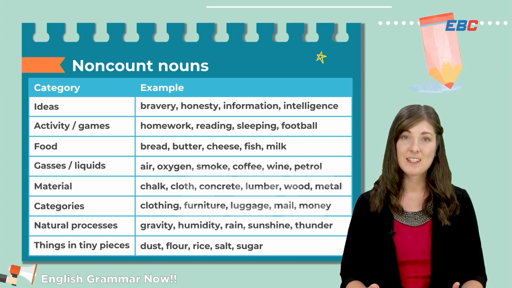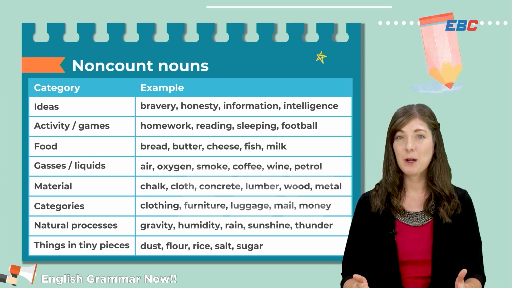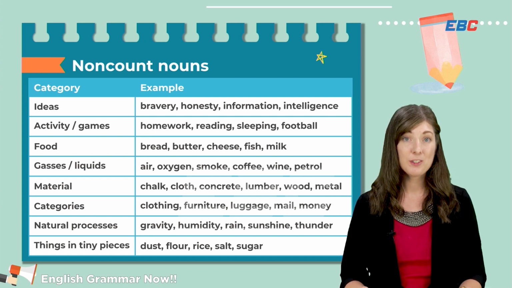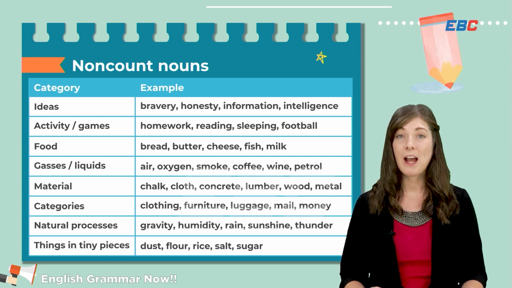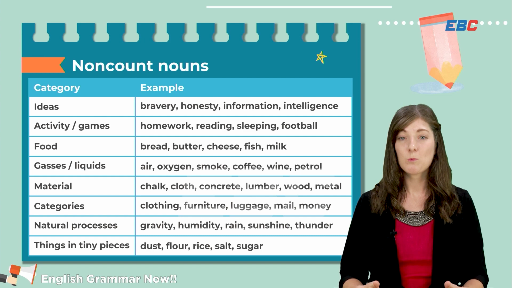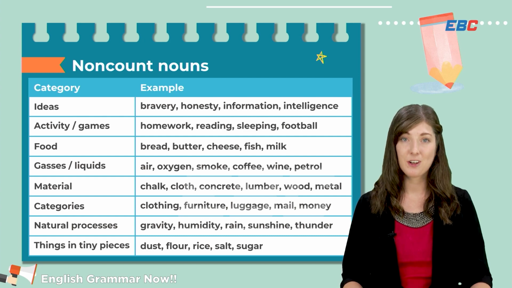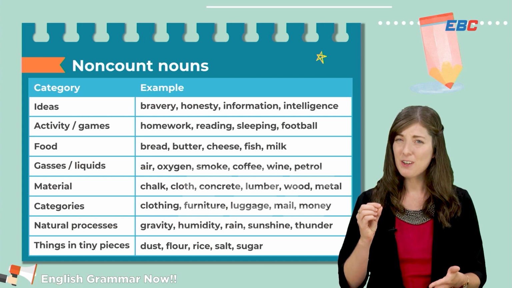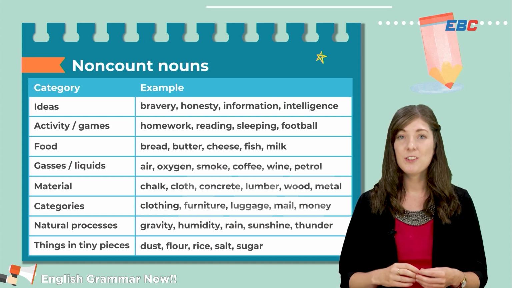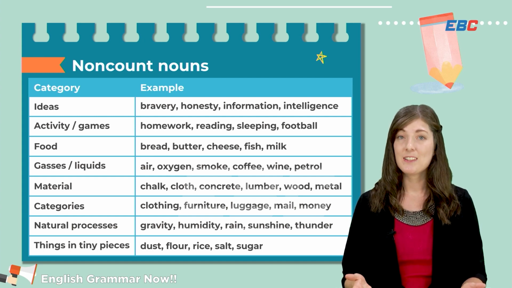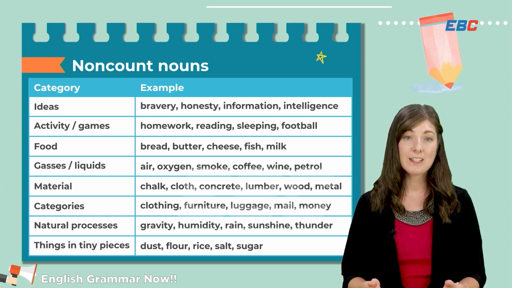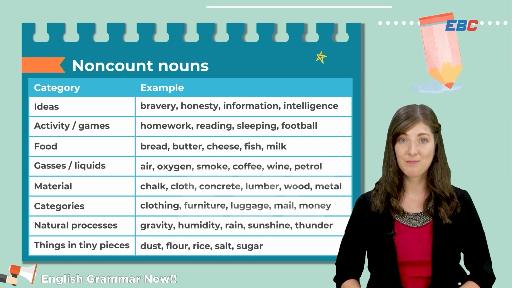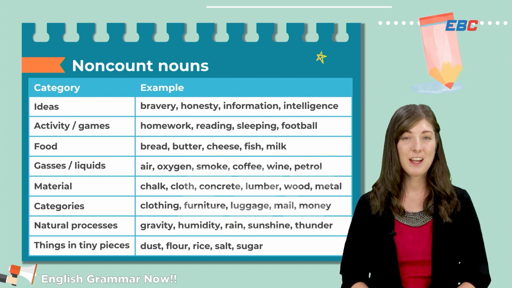Natural processes, things that you might hear about in science class, also can't be counted. Gravity, humidity, rain, sunshine, thunder. Lastly, anything that's in very, very tiny pieces are non-count, such as dust, flour, rice, salt, and sugar. That's a lot of categories.